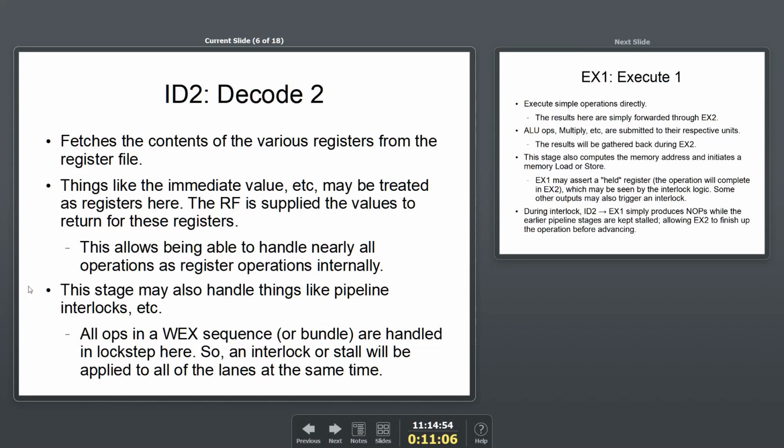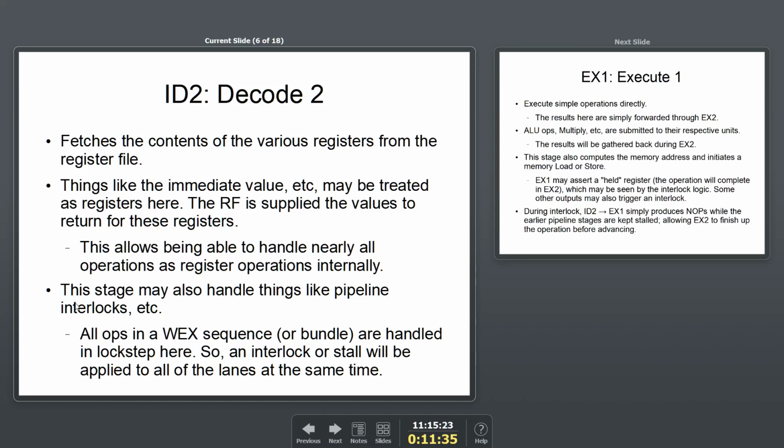This allows being able to handle nearly all the operations as register operations internally. Basically, don't need separate logic in the execute stages to deal with, say, versions that use registers versus versions that use immediates, because they're all treated like registers.